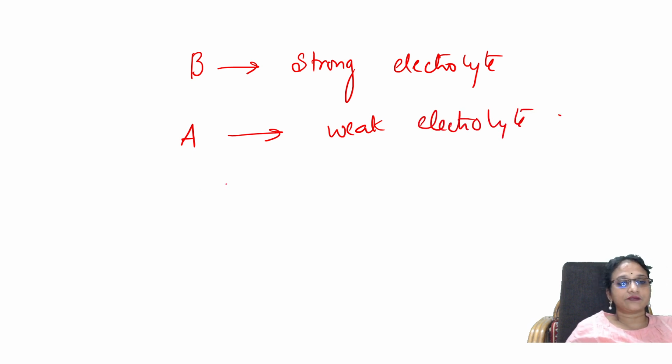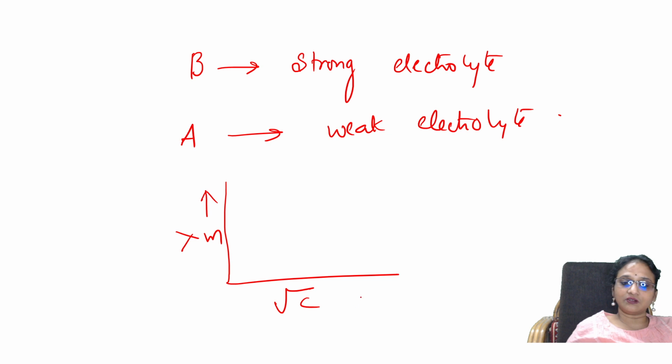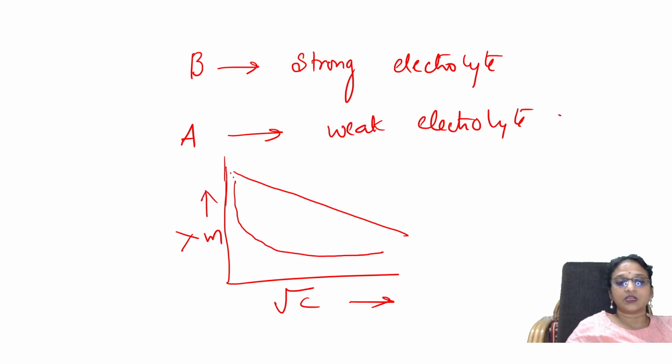Now let us draw the graph. You're taking lambda m on the y-axis and root c on the x-axis. For a strong electrolyte, you can extrapolate and get the limiting lambda infinity value, but for weak electrolytes you can never extrapolate and find the limiting molar conductivity.